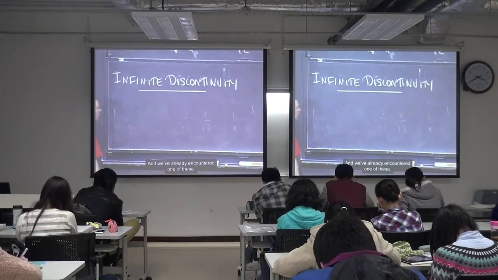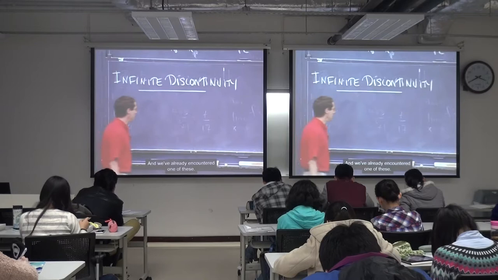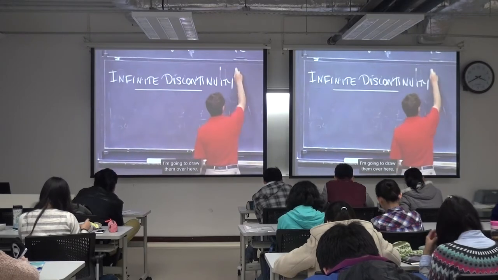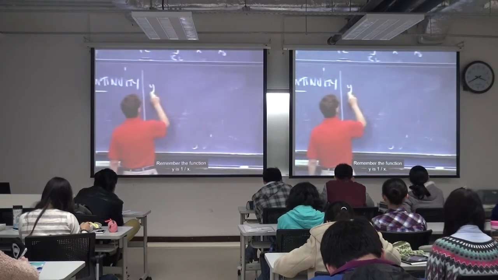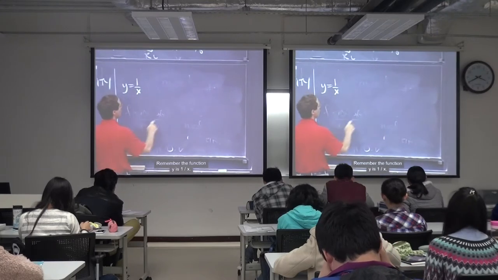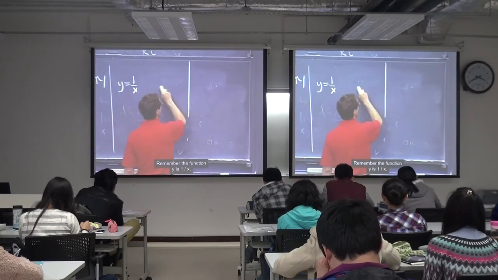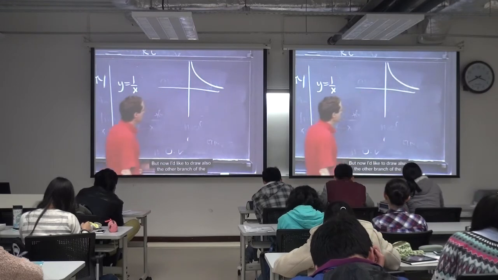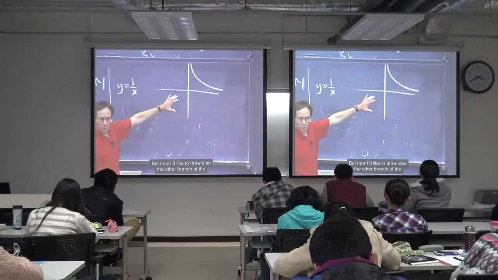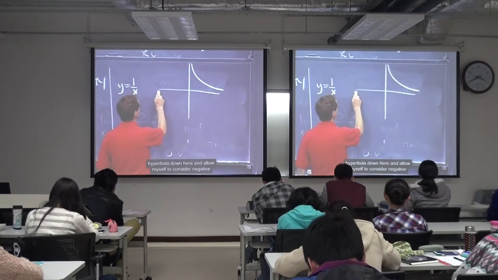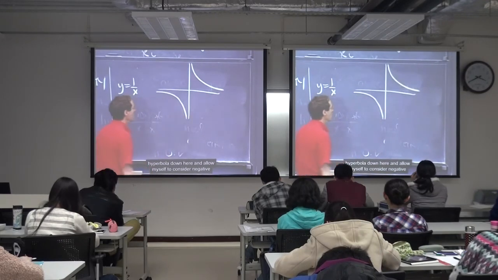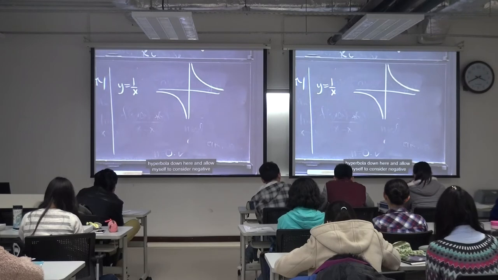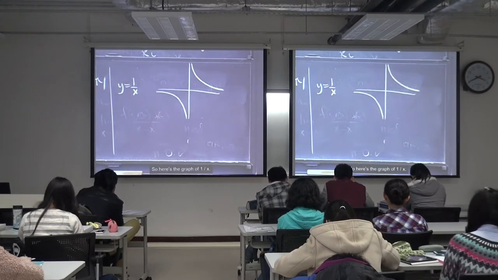And we've already encountered one of these. I'm going to draw them over here. Remember, the function y is 1 over x. That's this function here. But now I'd like to draw also the other branch of the graph of the hyperbola down here and allow myself to consider negative values of x. So here's the graph of 1 over x.